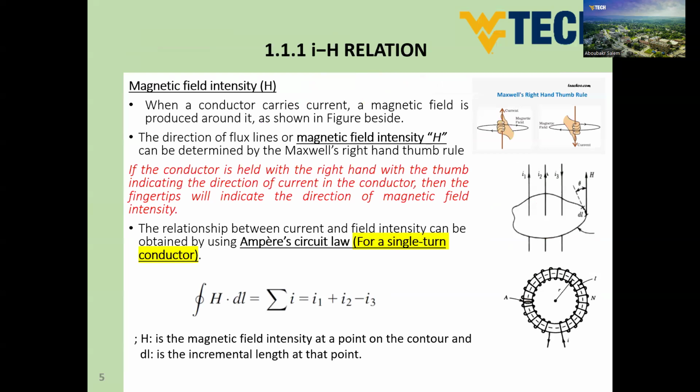Now let's go more in depth, guys, and see the relations and magnetic laws we have in electromagnetics, and we will use them for sure in our examples and our machines. So let's start firstly with knowing the parameter H, or magnetic field intensity.